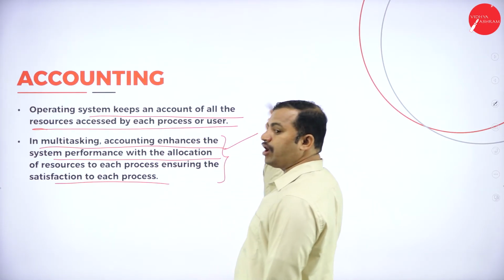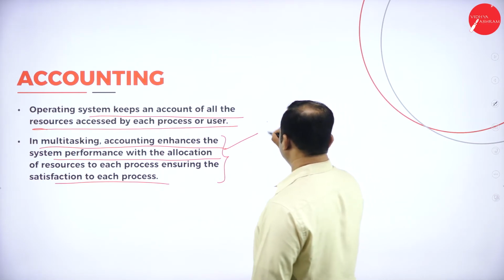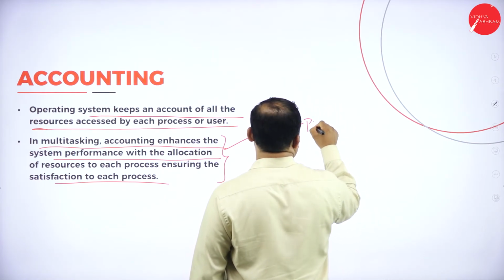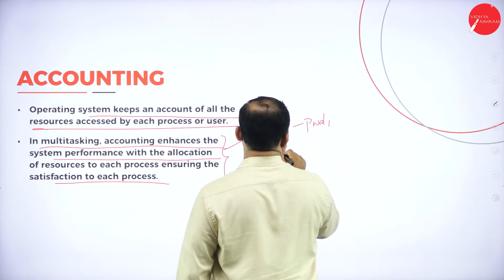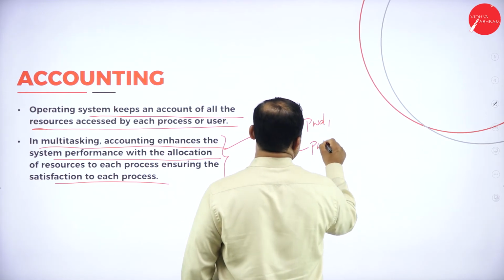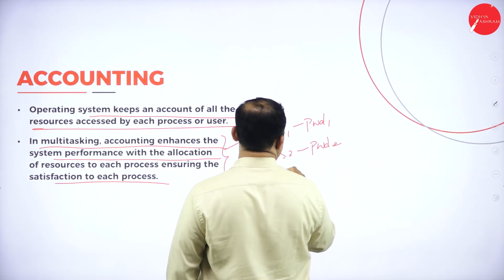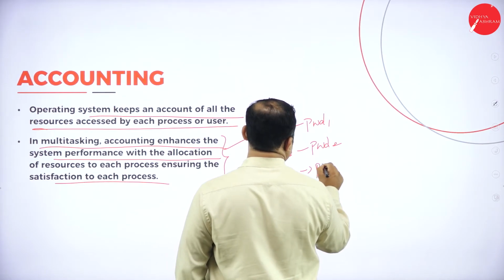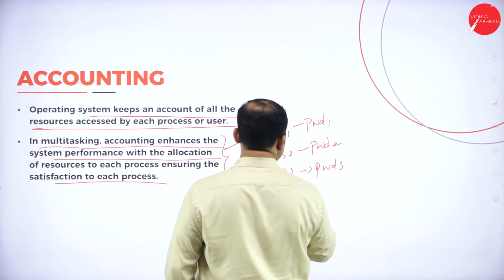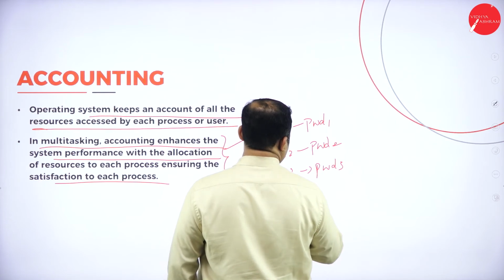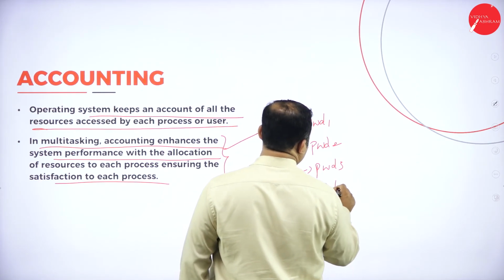What is the meaning of accounting information? Suppose user 1 has a certain password 1, user 2 has password 2, user 3 has password 3, and the admin has an admin password.